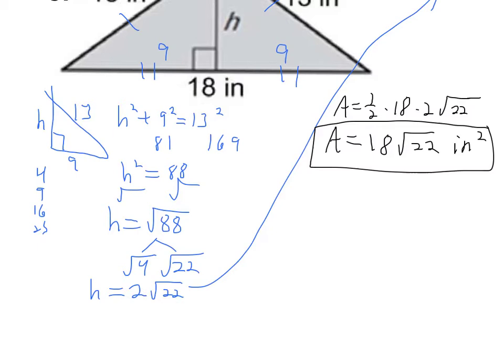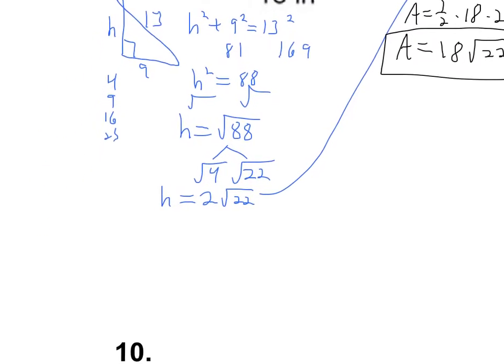Now remember, there are a couple different ways that you can simplify this radical. When I got square root of 88, this is one way of doing it. If you'd rather, you can just take that 88 and split it up however you want. Let's say 2 and 44, and then 44 can split into 4 and 11, and then 4 can split into 2 and 2.